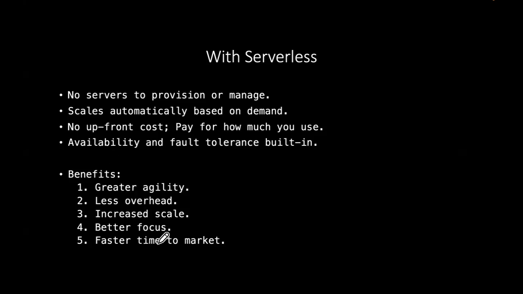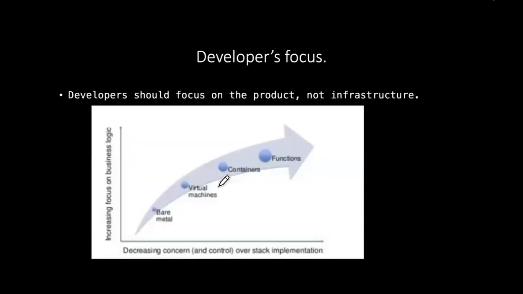So we get these benefits, which you can read over yourselves. This is a nice graphic that I saw, and it illustrates how the world of the developer has changed over time. Way back initially, the developer had to worry about everything.